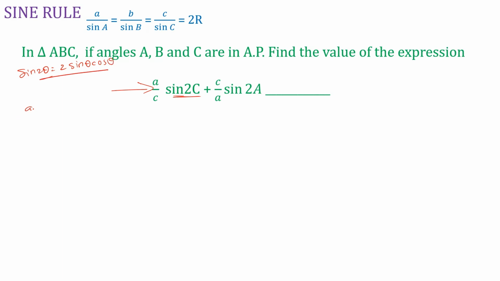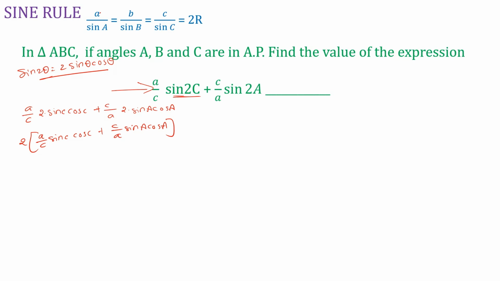With that, if we expand, it is a upon c into 2 into sine C cos C plus c upon a into 2 into sine A cos A. Now just take 2 outside. It gives a upon c sine C cos C plus c upon a sine A cos A.